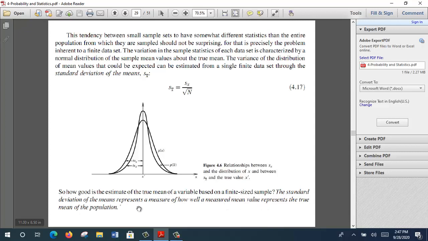The standard deviation of the mean represents a measure of how well a measured mean value represents the true mean of the population. So from here you can see the relationship between Sx and the standard deviation of the mean, and the distribution of x between x bar and the true value. You can see that the distribution is almost similar in terms of the mean and also the true mean of the population.